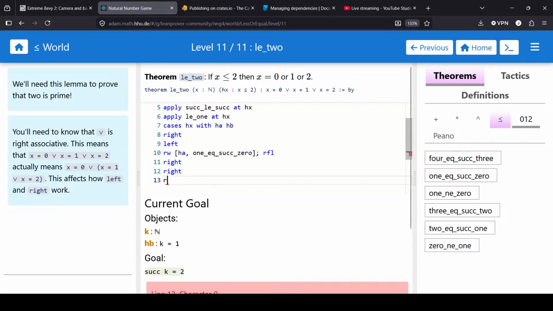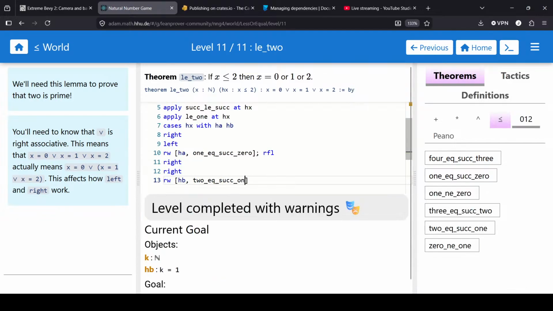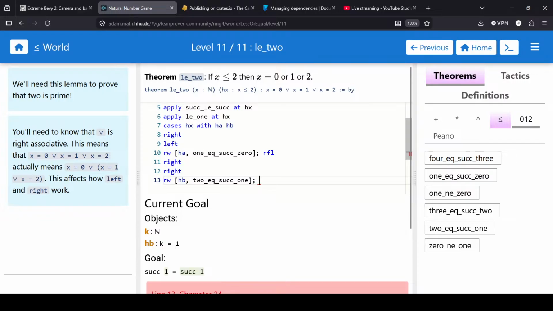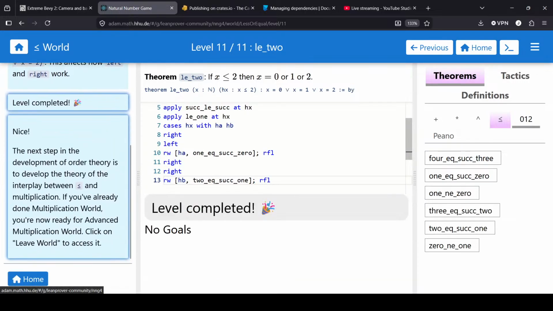And now we do the same darn thing, except slightly different. So we go 1, or is it 2 eek suck 1? 2 eek suck 1. And then we ruffle. Oh my god! Jeez.